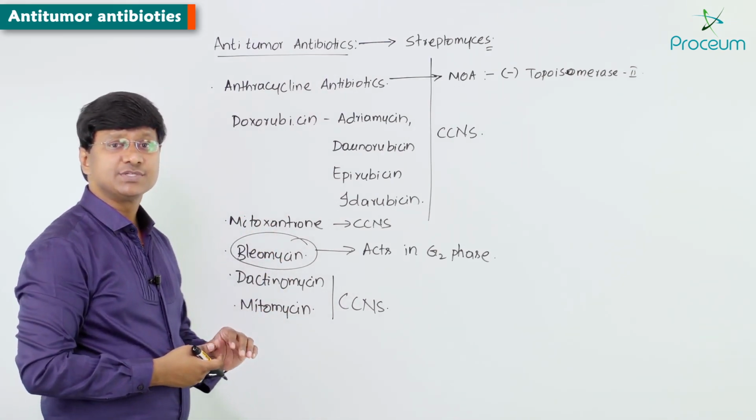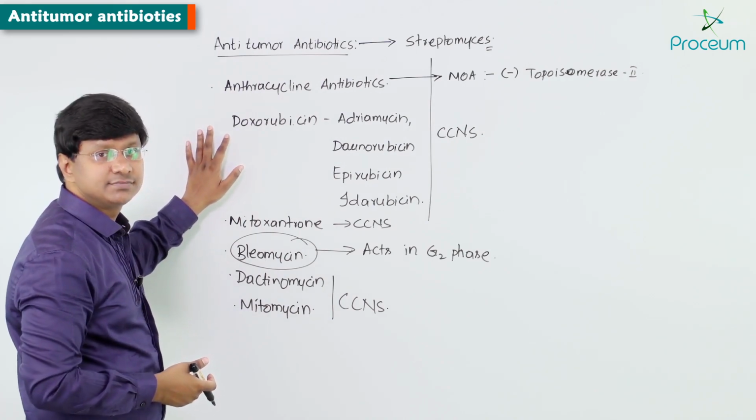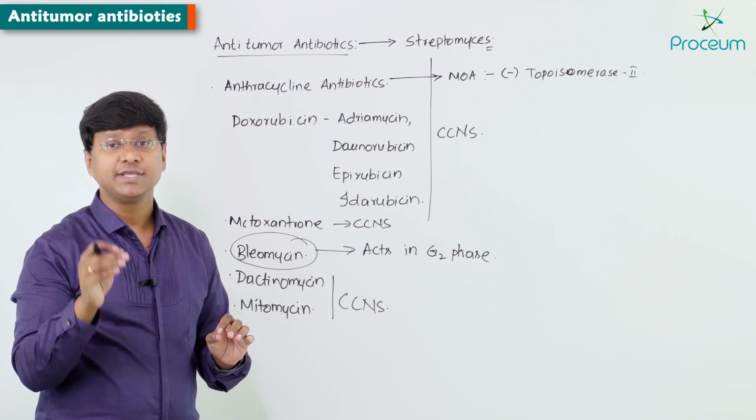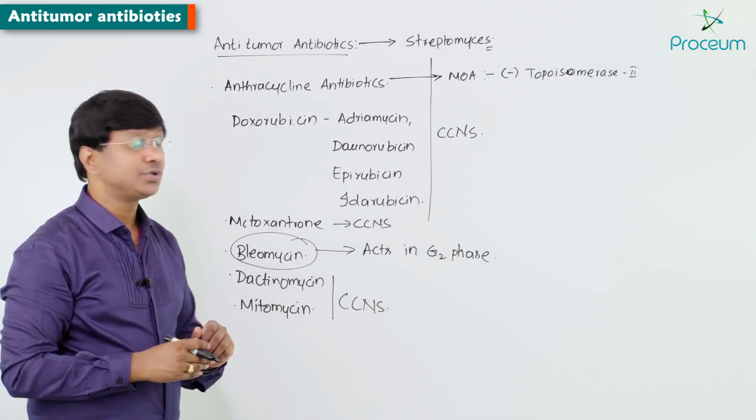Now you take these drugs, doxorubicin and daunorubicin. They are primarily used in the acute leukemias.